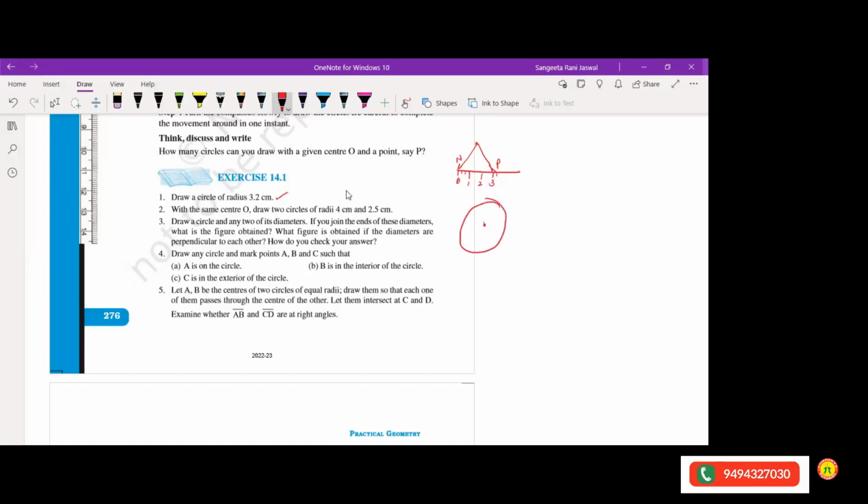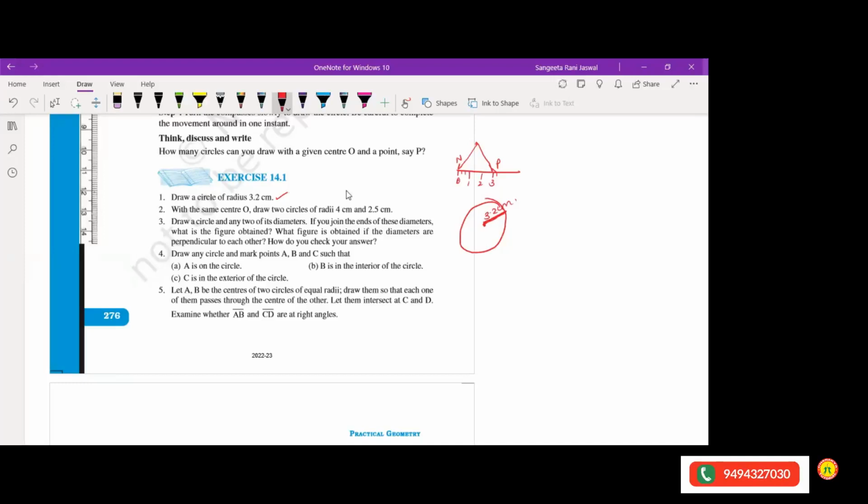Are you getting it? So this distance from the center to the circle will be 3.2 centimeters. I hope you all have understood. Yes, ma'am.